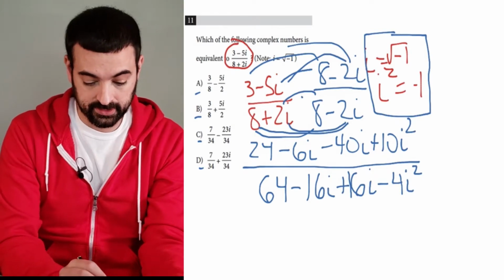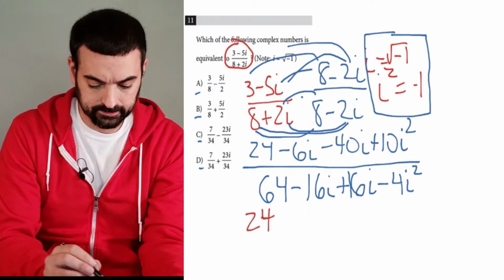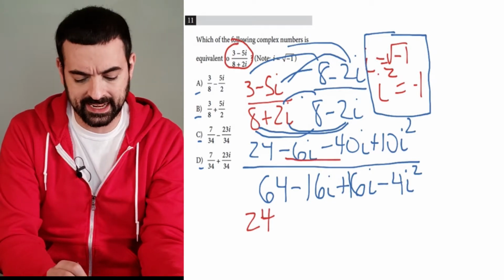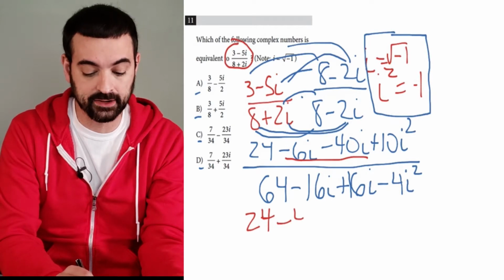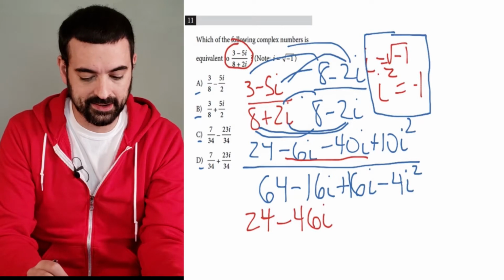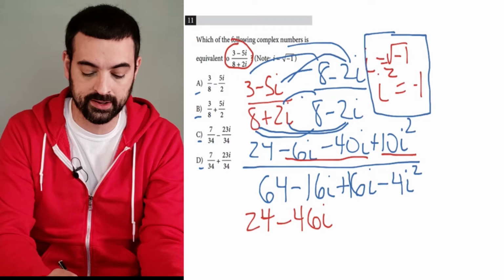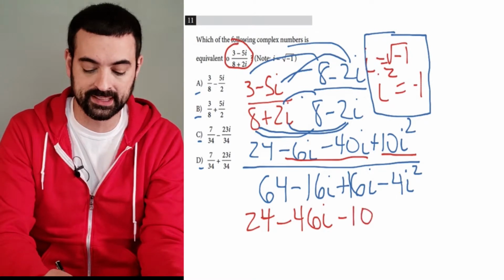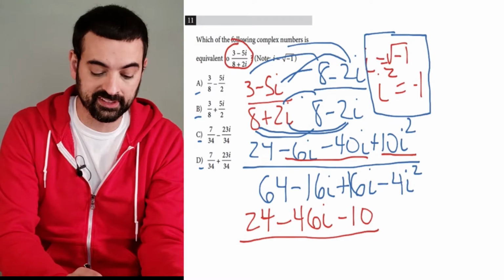We've got 24, negative 6i and negative 40i are going to give us a sum of negative 46i. And then 10 times i squared is the same as 10 times negative 1. That's negative 10. We'll combine that with the 24 in a moment. In the denominator, we have 64.